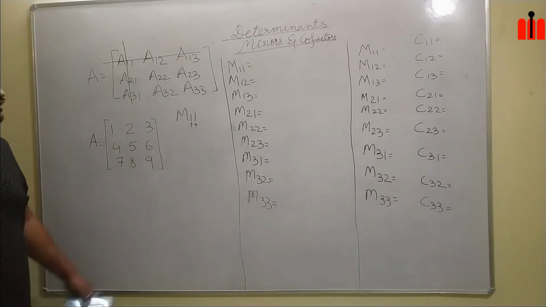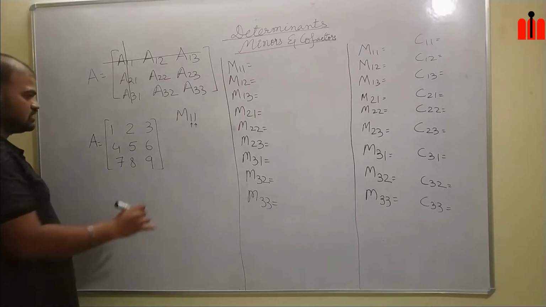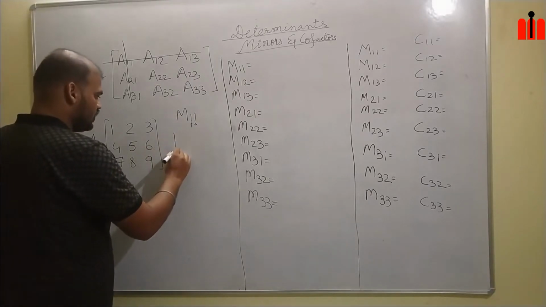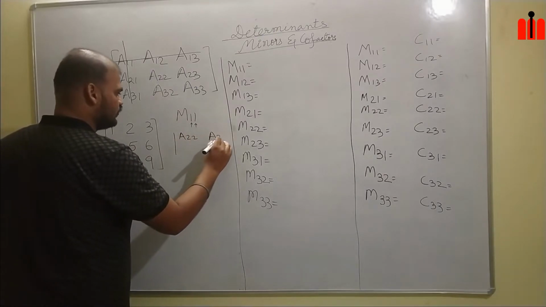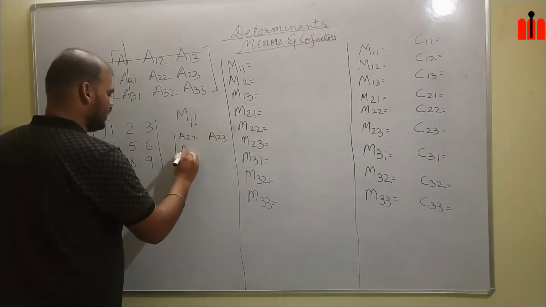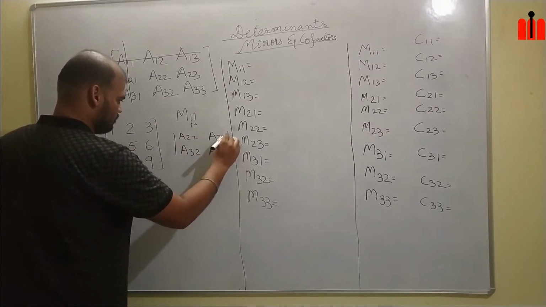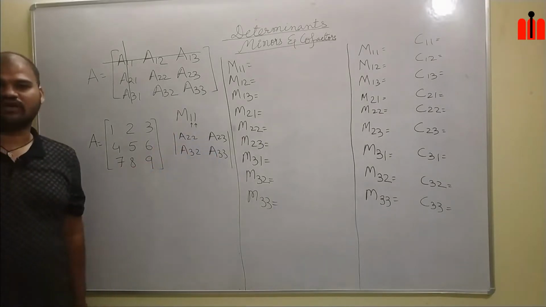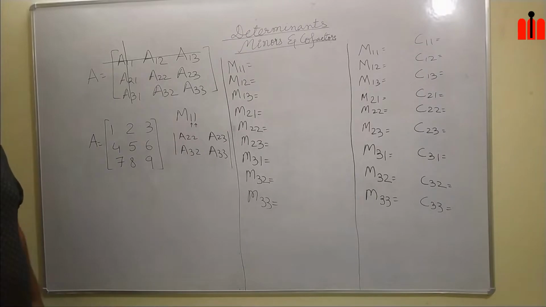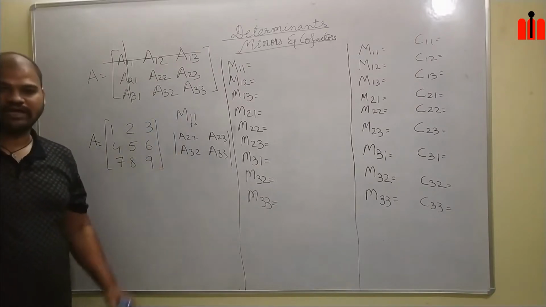What are we left with? A22, A23, A32 and A33. Right? These are the elements which were left out.